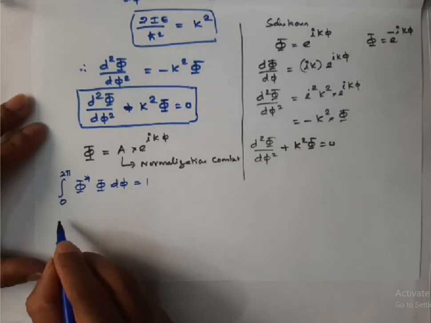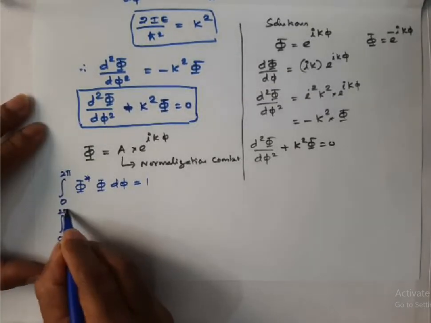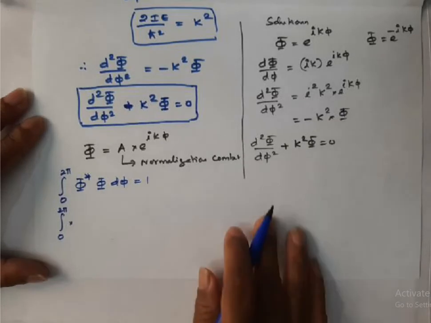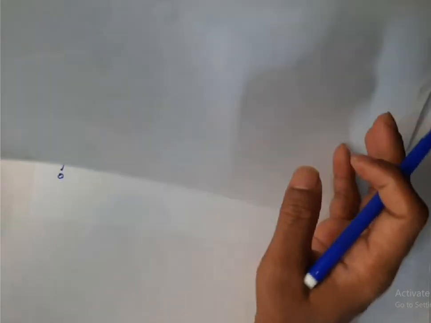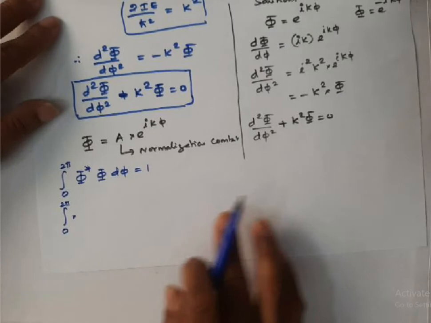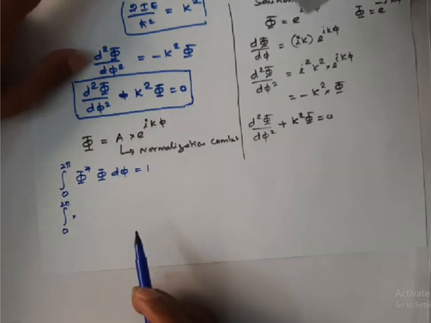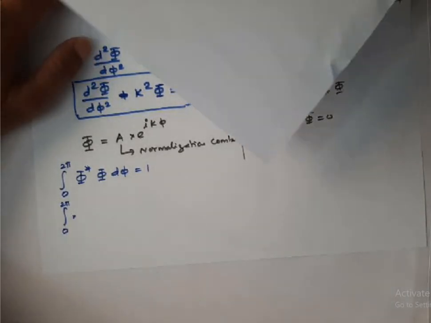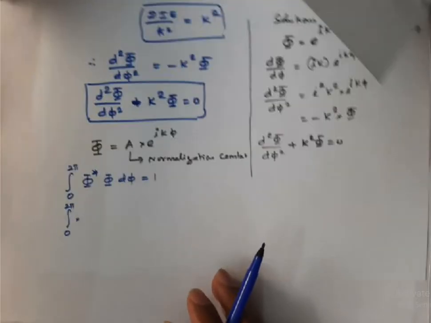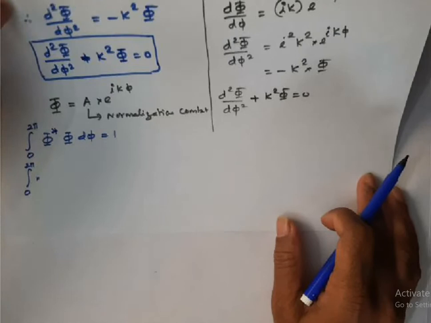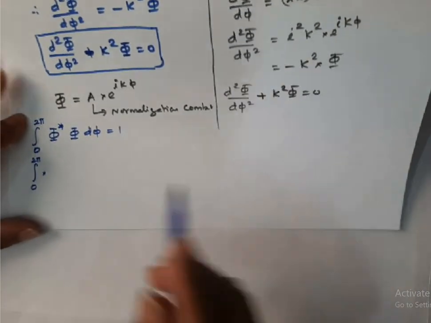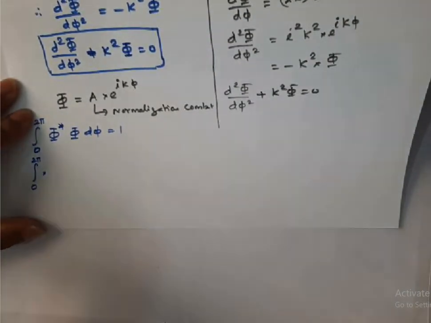So integral 0 to 2 pi. Now I'll substitute this phi here and here. What is phi?